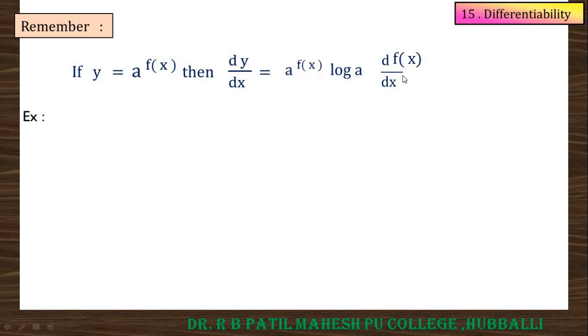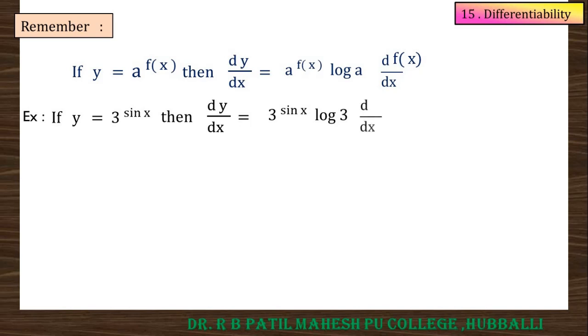For an example, I take y is equal to 3 raised to sin x. Now you can see that here it is composite: in place of x we have the sin x function. Then dy by dx is given by the same function, log 3, and after that d by dx of sin x. In the next step you write the derivative of the sin x function, and that becomes the solution.